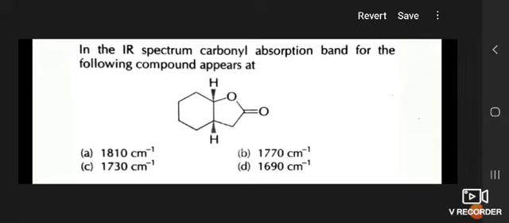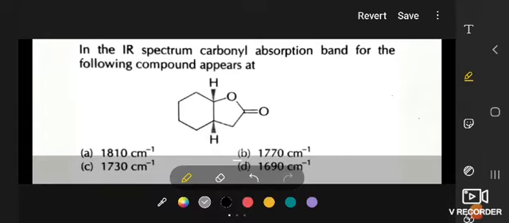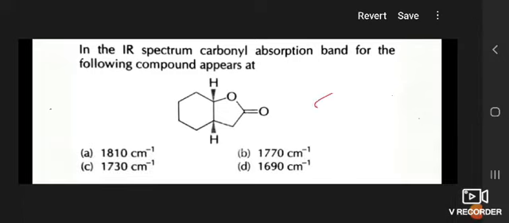carbonyl group. When we talk about the IR spectroscopic band for different functional groups, first of all, when we consider the carbonyl group of aldehyde, then its IR stretching frequency varies from 1700 to 1720.